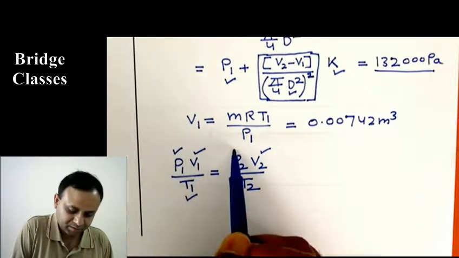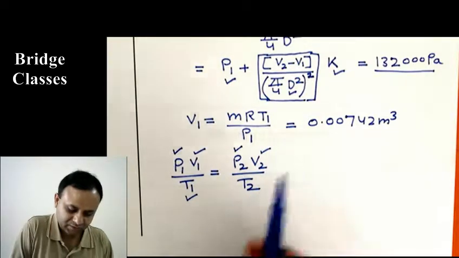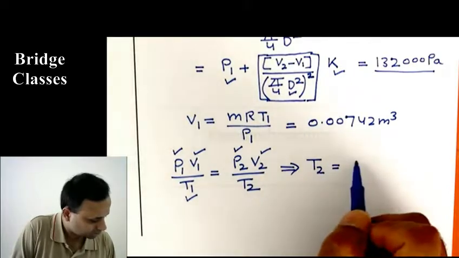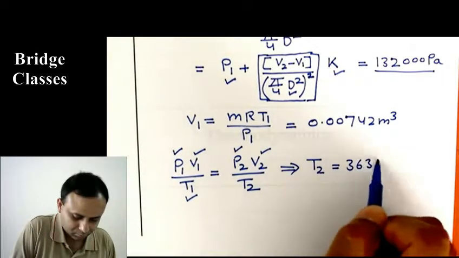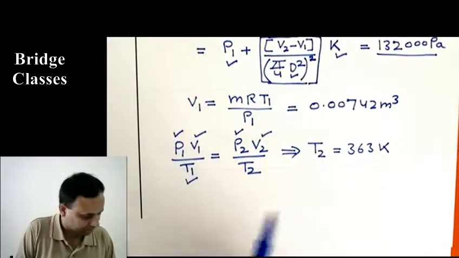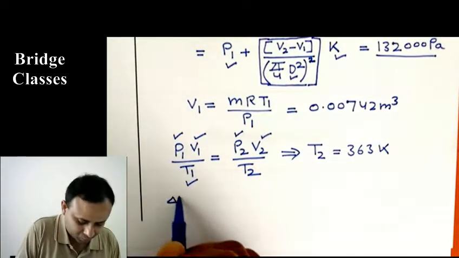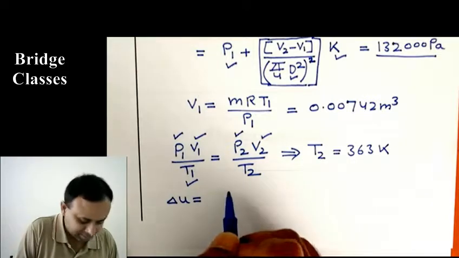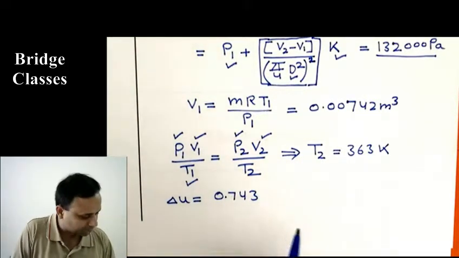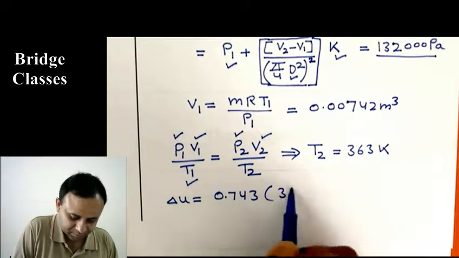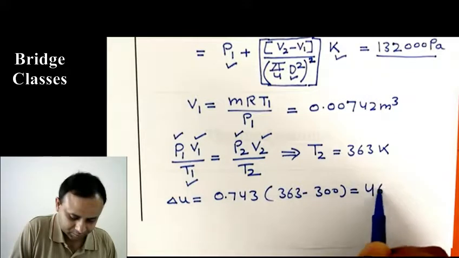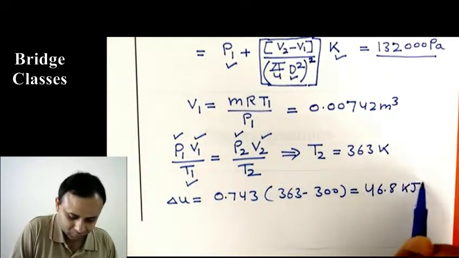And we have P1 and P2, so this will give us T2. And then plug numbers. So you get delta U is CV delta T. CV from the table is 0.743 kilojoule per kilogram Kelvin times 363 minus 300, and you get 46.8 kilojoule per kilogram.